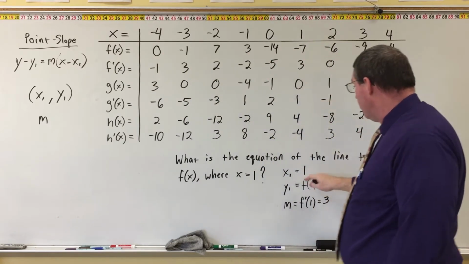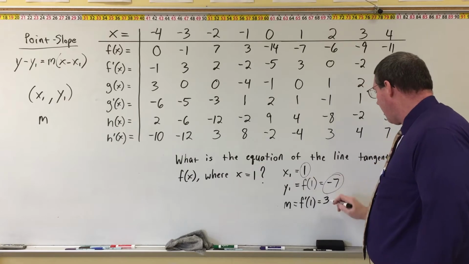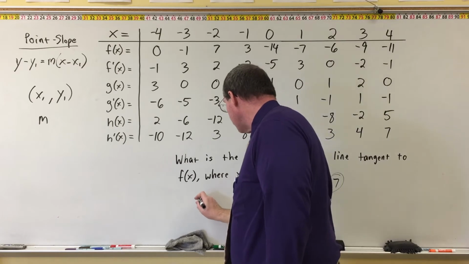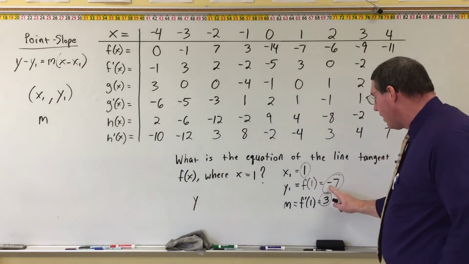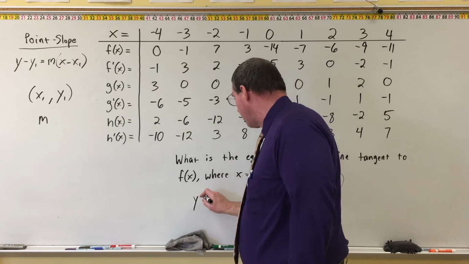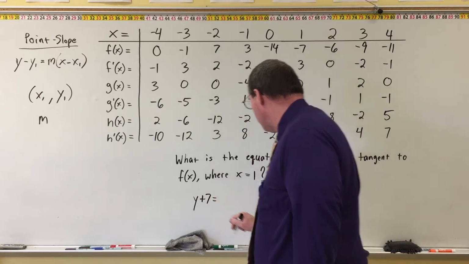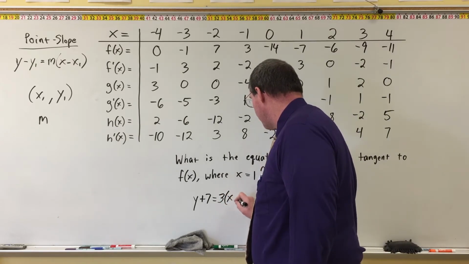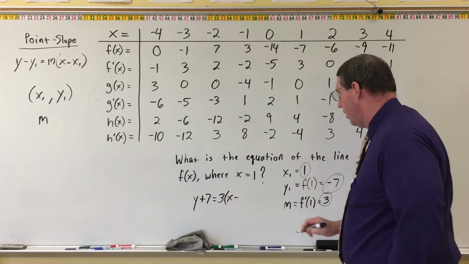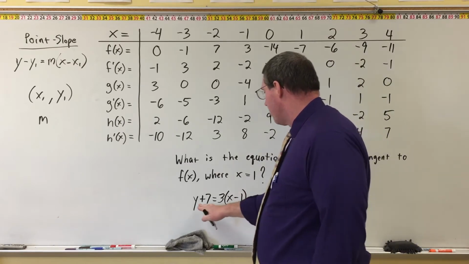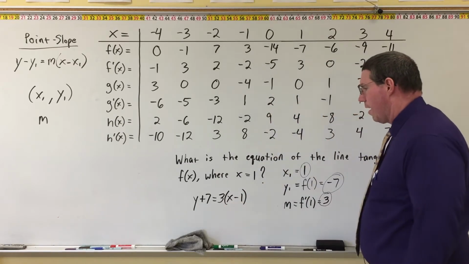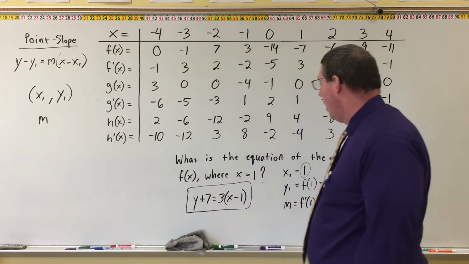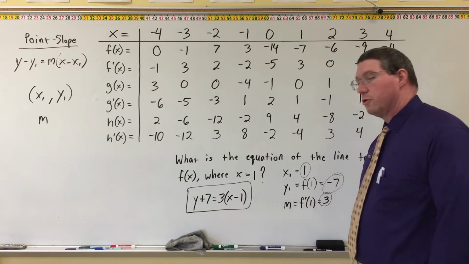Now all we have to do is plug this 1, this -7, and this 3 into point-slope form. It'll be y minus -7, which becomes y plus 7, is equal to the slope, 3, times x minus 1. So y plus 7 is equal to 3 times x minus 1, and this is the equation of the line tangent to f of x when x is equal to 1.